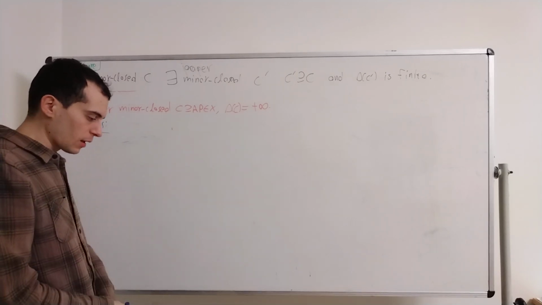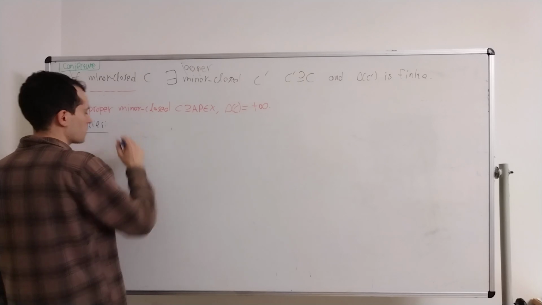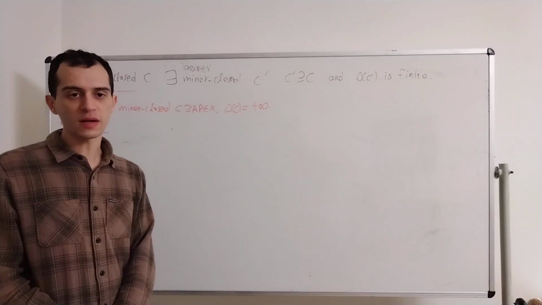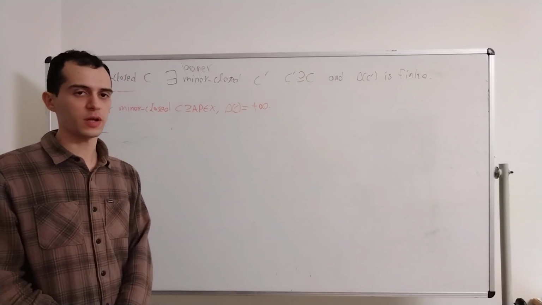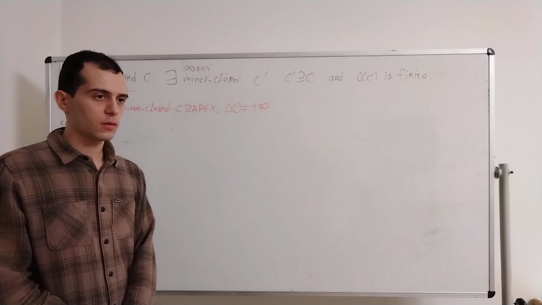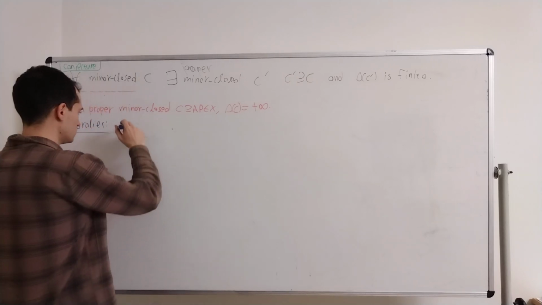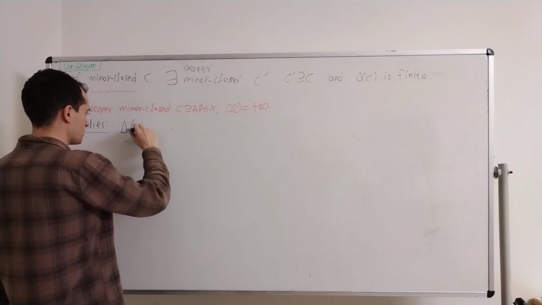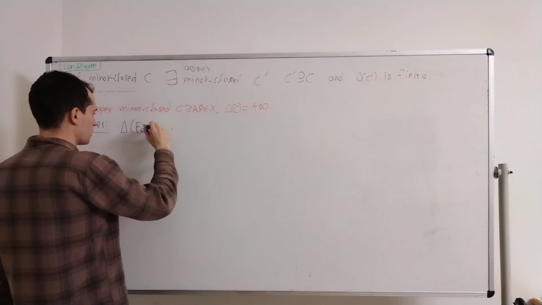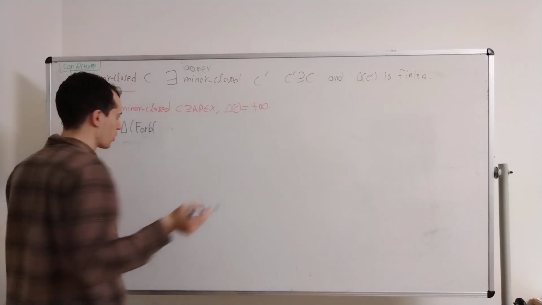So for K6, the class of graphs excluding a K6 minor, it contains all apex graphs, right? So this means that it has delta infinite, a class usually very hard to work with.